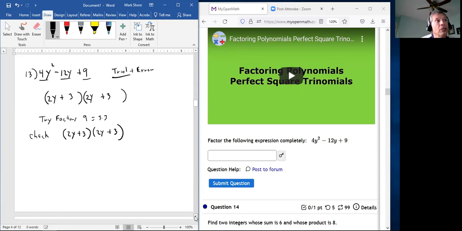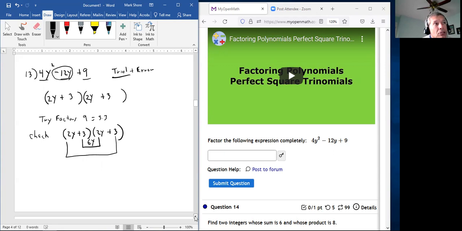We already know that 2y times 2y is 4y squared, so we don't need to check that. We already know that 3 times 3 is 9, so we don't need to check that. What we have to do is see if we get this number, this minus 12y. The way you do this is you check your inner and outer, and see if they add up to this. So 3 times 2y is 6y.